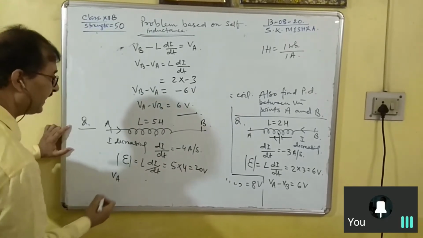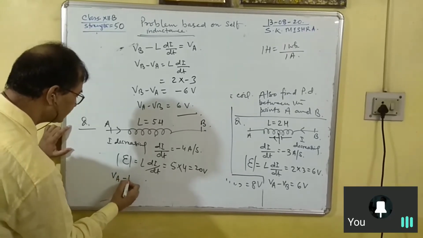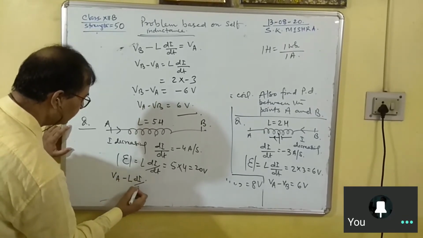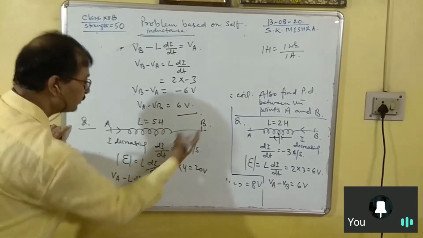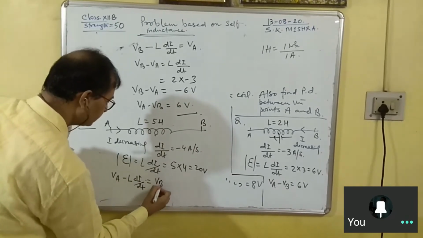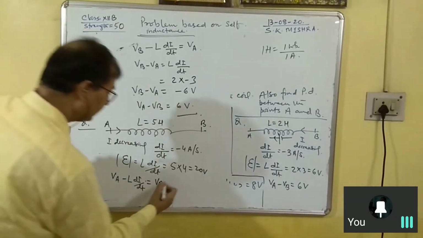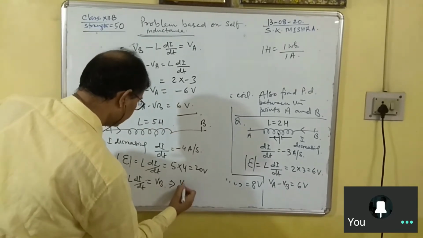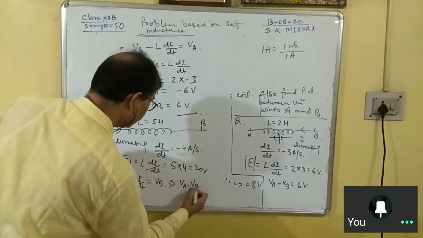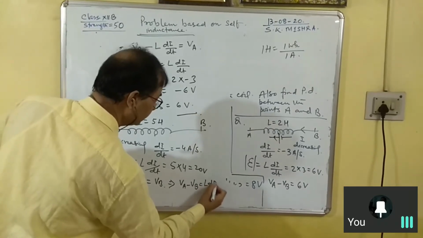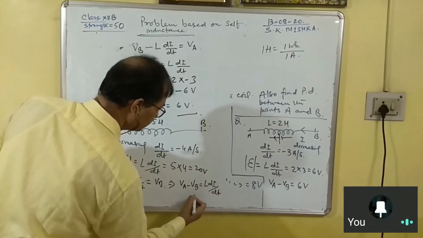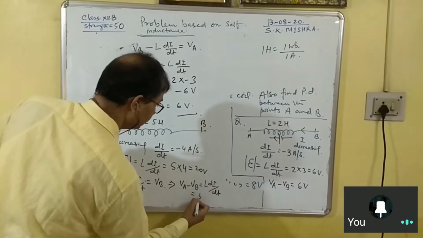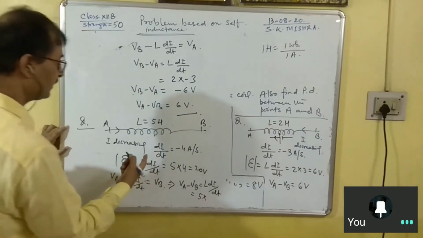So VA minus L di by dt is equal to VB. Then VA minus VB is what? L di by dt. So L is 5 and di by dt is how much?